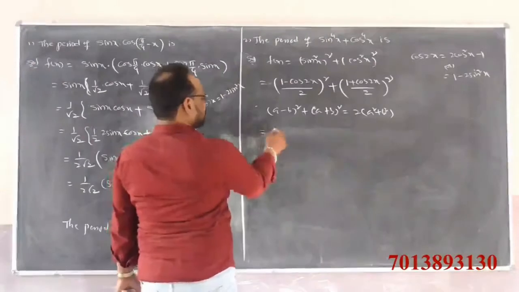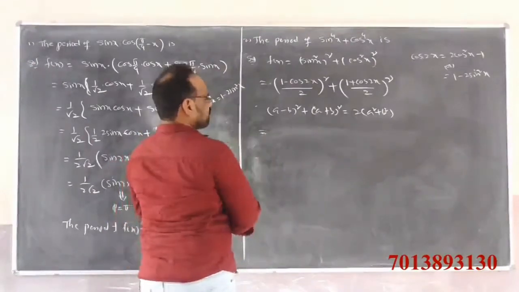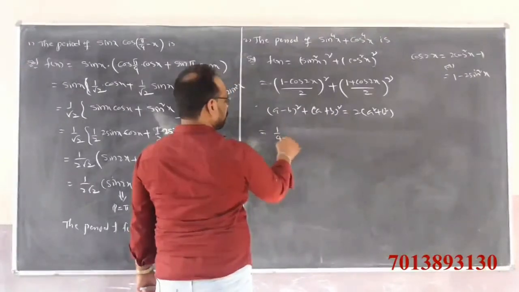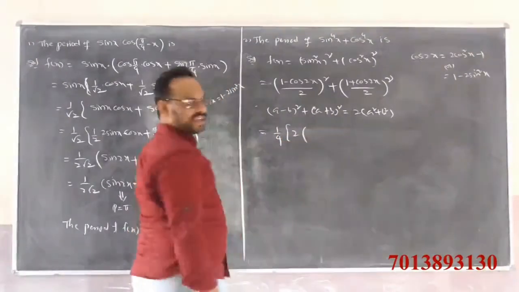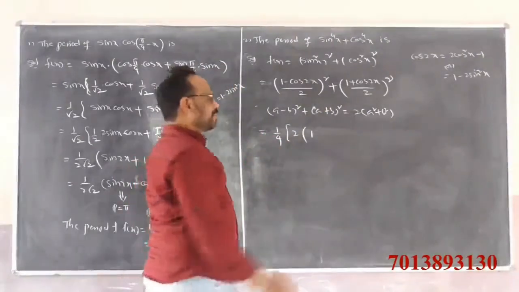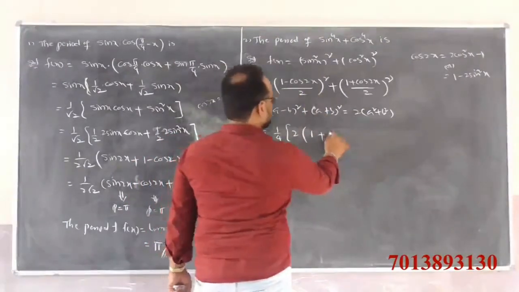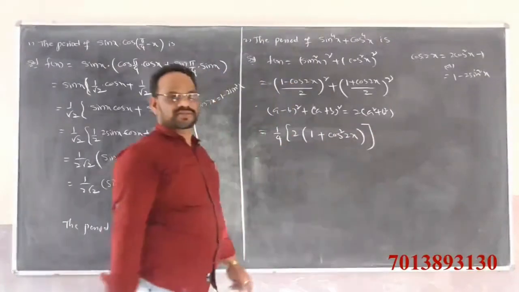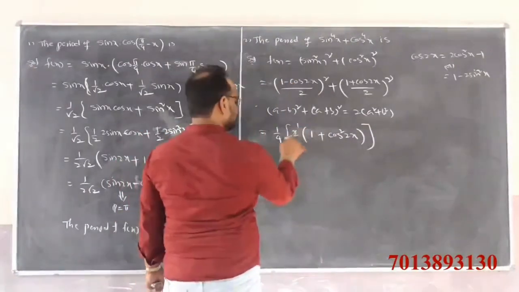Here a is 1 by 2 and b is cos 2x by 2, so we get 1 by 4 into 2 times of 1 plus cos square 2x.